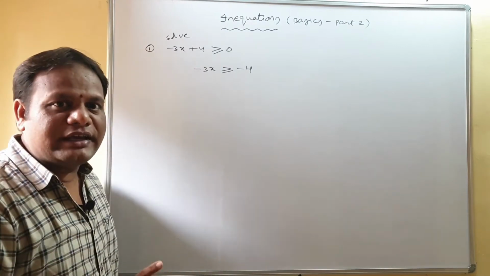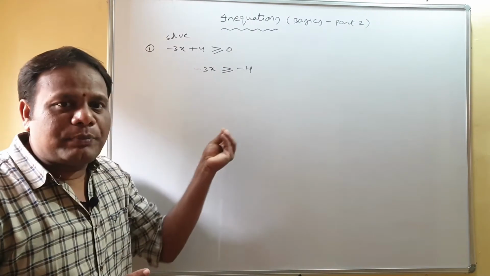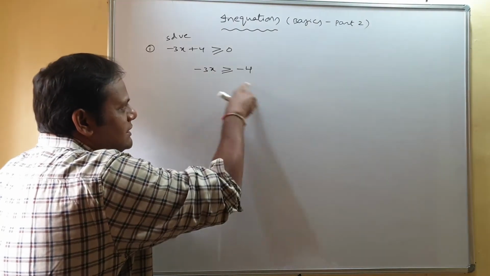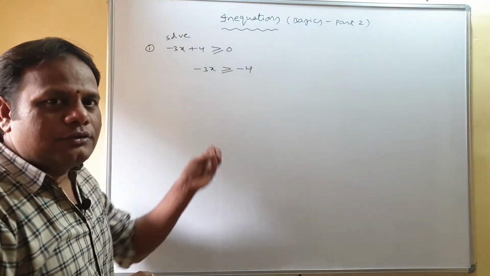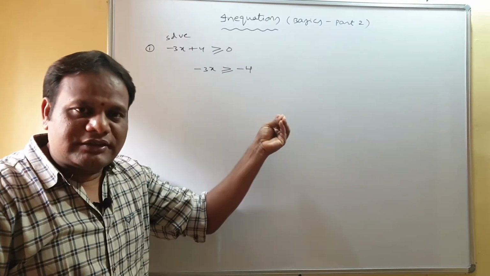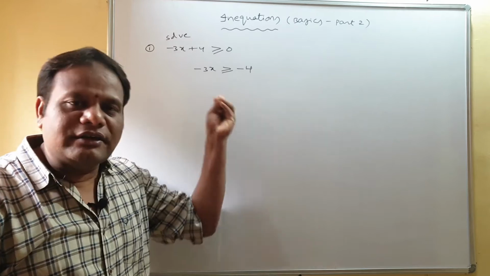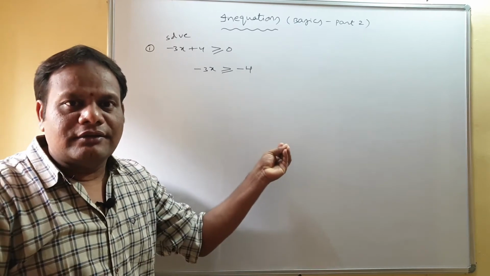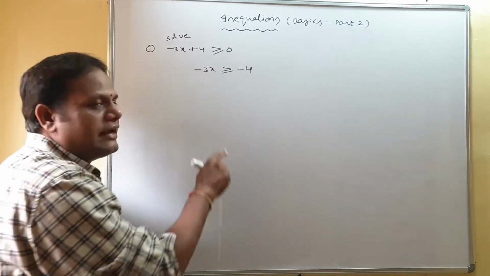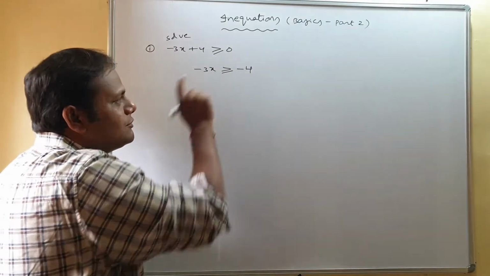You must be very careful. Already I explained, here you have to divide with minus 3. If you multiply an inequation with a negative sign or divide with a negative sign, the inequation sign changes. So here to get x, we divide this with minus 3.